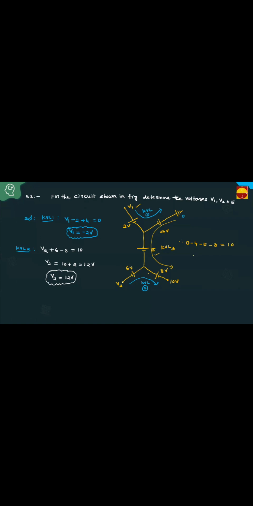Then from this, -E, -12 equal to 10. Then what is E equal to? -12 minus 10. You bring this side, minus E this side, -22 volts. E equal to -22. Like this you have to calculate. This is an important model, 5-star model. Just concentrate on how you are applying KVL for this type of problem.